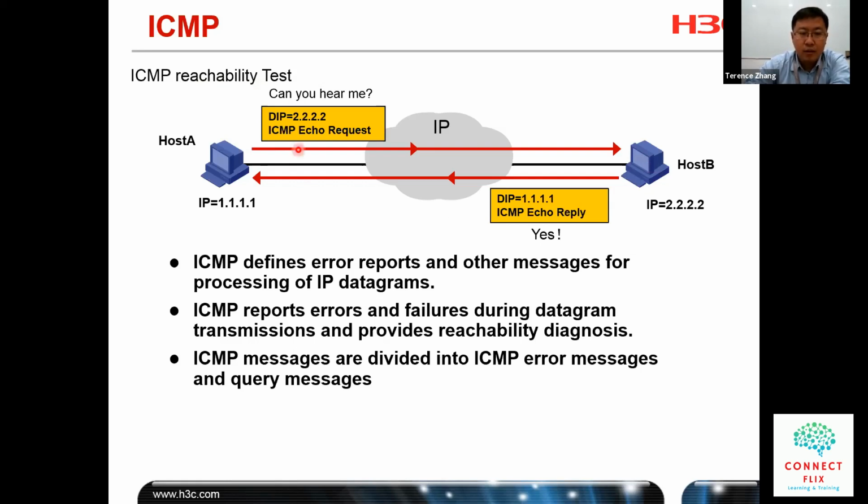When we do that, the device sends out an ICMP echo request and waits for the ICMP echo reply. If we receive the ICMP echo reply, the reachability is good. If not, reachability is not good. So this is the usage of ICMP. Remember, the protocol number is 1.